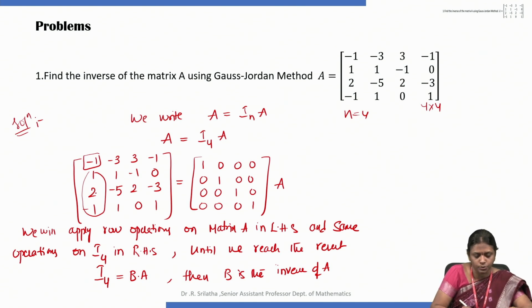Next R3 tends to, here I am having 2 and this is minus 1. Now multiplying minus 1 with 2, this becomes minus 2. Now R3 tends to R3 plus 2R1, so the 2 minus 2 is equal to 0. Next R4 tends to, so here we are having minus 1 and this is plus 1. R4 minus R1, so this becomes 0.